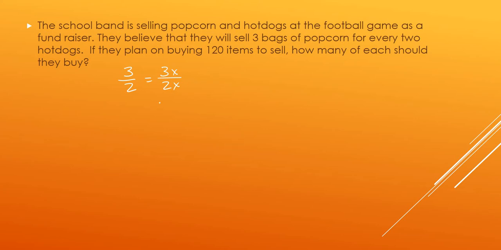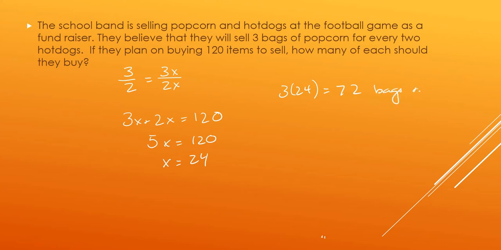So using the ratio of 3 to 2, I want to figure out what value I need to multiply by to get 120. Solving this simple equation, x would equal 24. Therefore, 3 times 24 is going to give me 72 bags of popcorn, and 2 times 24 will give me 48 hot dogs.